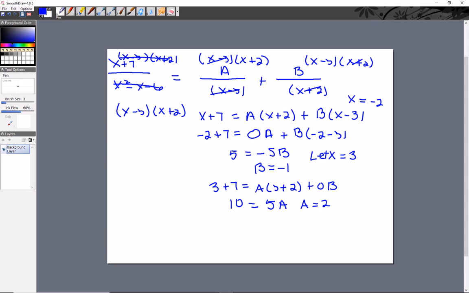All right, so we've got everything figured out, and we can report the partial fraction decomposition. So x plus 7 over x squared minus x minus 6 equals, well, A we determined to be 2 over x minus 3, plus B was negative 1 over x plus 2.